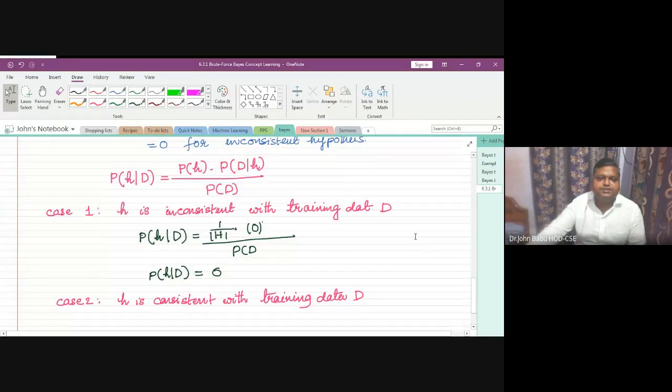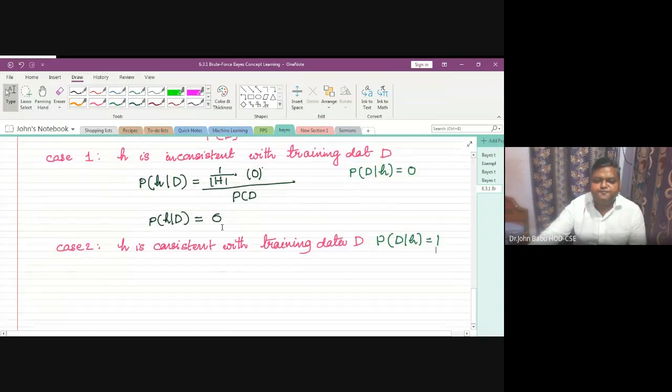Here, when it is inconsistent, probability of data given H is 0. Inconsistent data key, the probability is 0, and consistent data key, it is 1. That is the difference between these two.